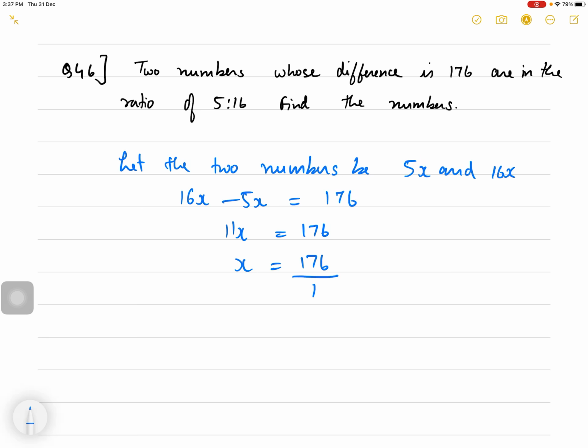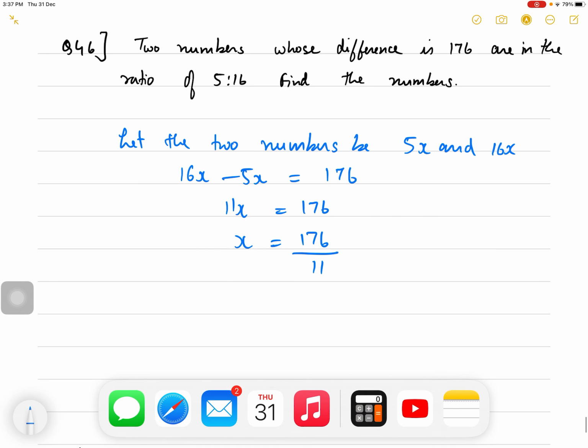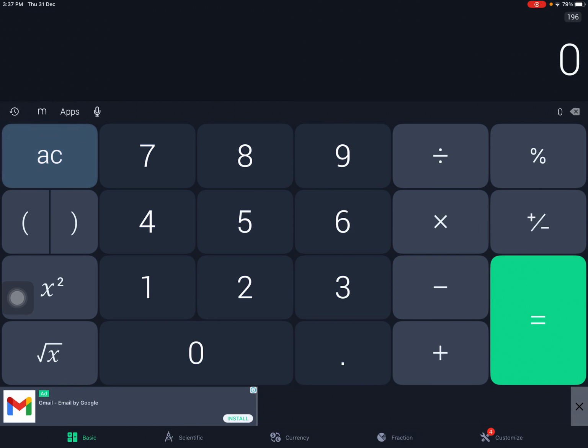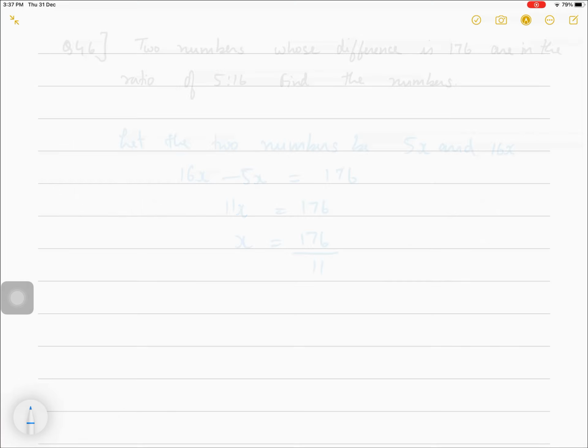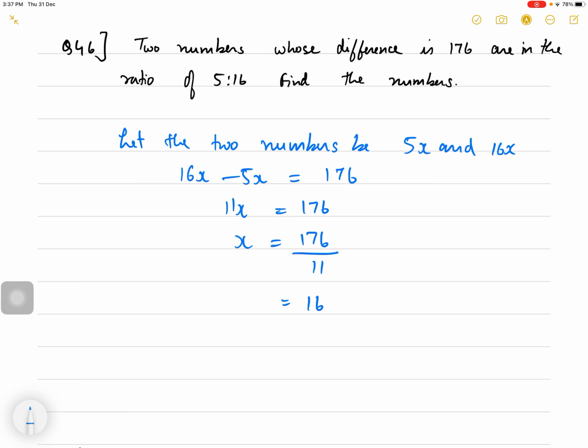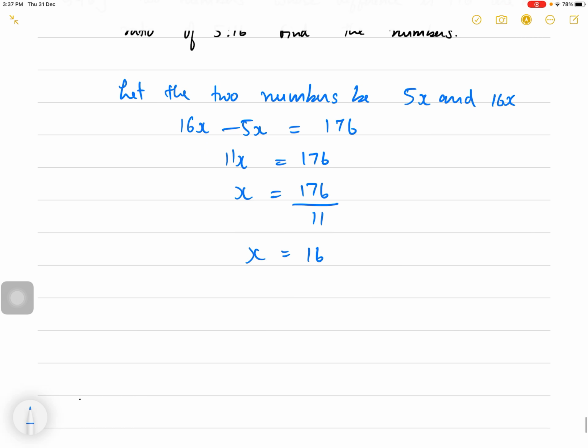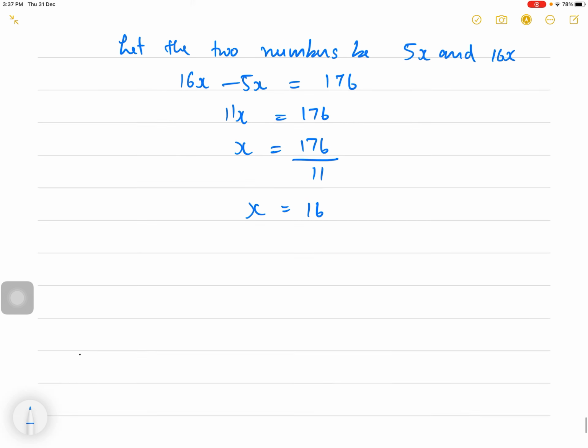So x is equal to 176 divided by 11, it comes to 16. So x is equal to 16.